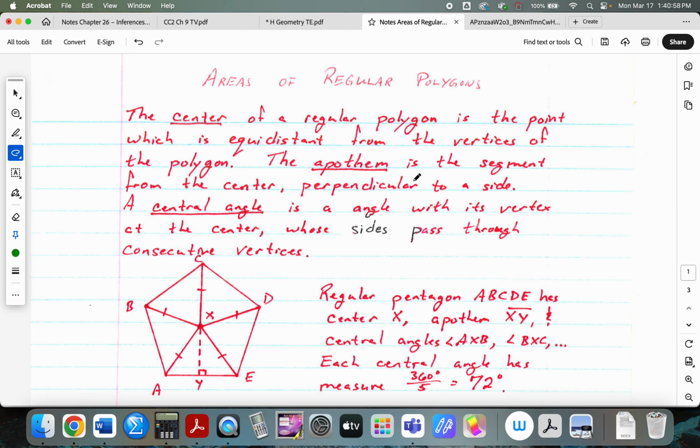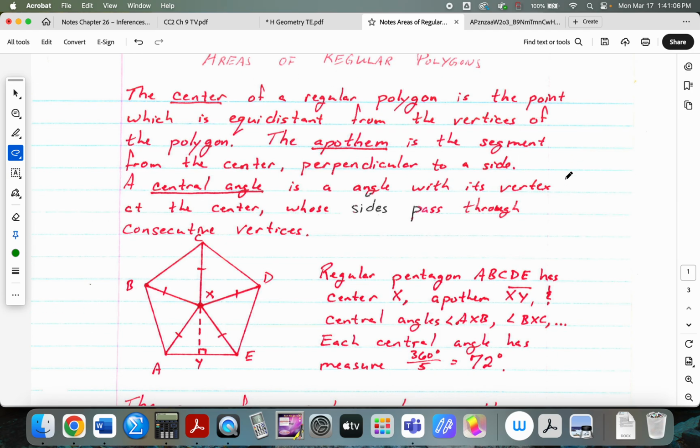The apothem, some people say apothem, I'll take it either way, it doesn't matter to me how you pronounce it, is the segment from the center perpendicular to a side, and a central angle is an angle with its vertex at the center whose sides pass through consecutive vertices.